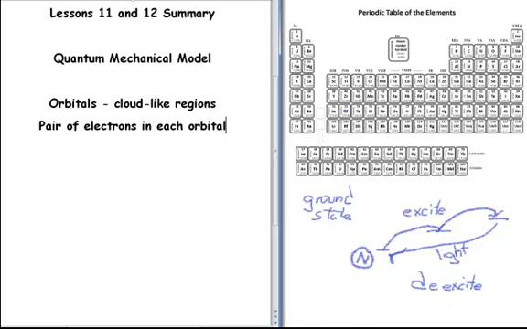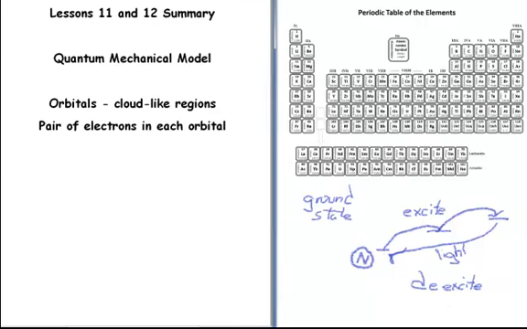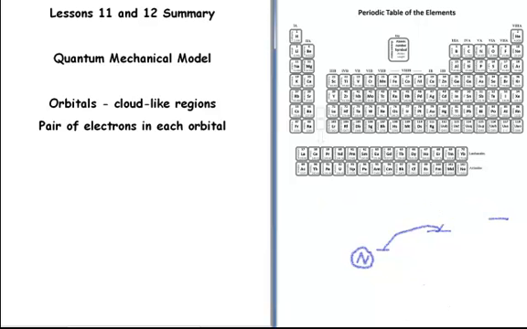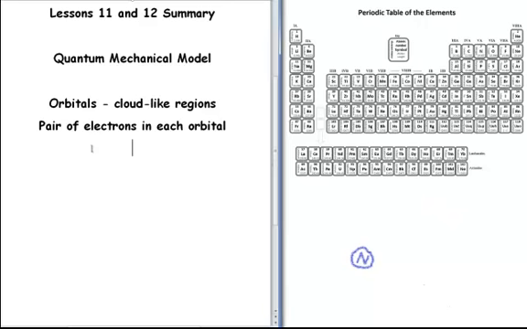Now, orbitals are divided into different energy levels. And we are going to talk about those different energy levels here. The energy level closest to the nucleus is called energy level 1.